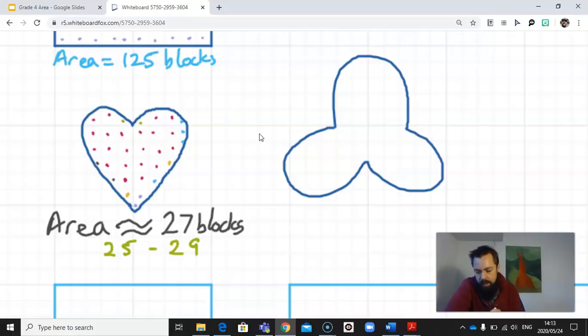Nothing for you. Okay, let's have a look at our last irregular shape. Another beautiful artistic drawing by me.